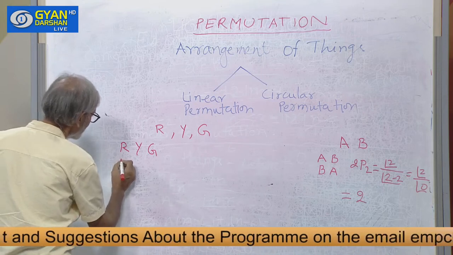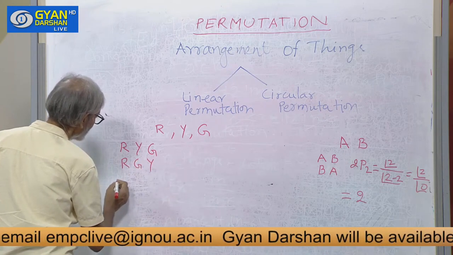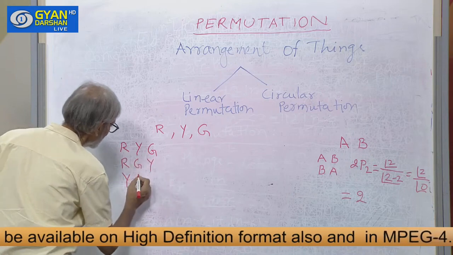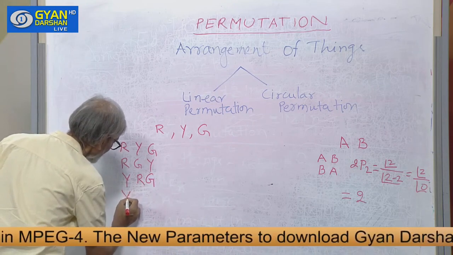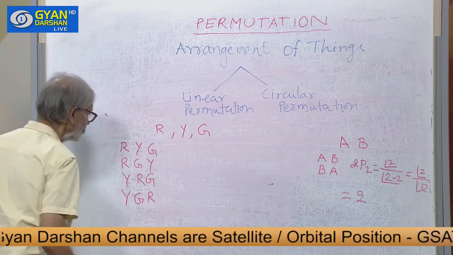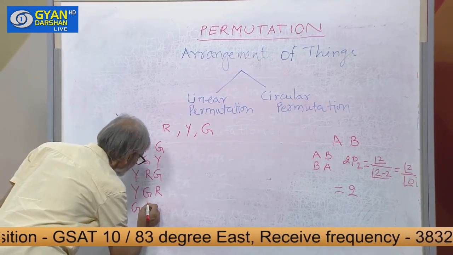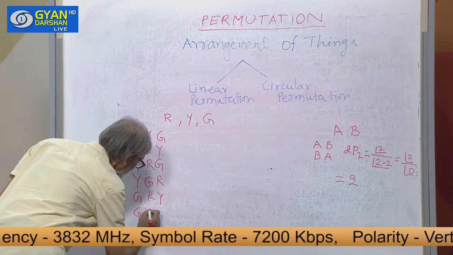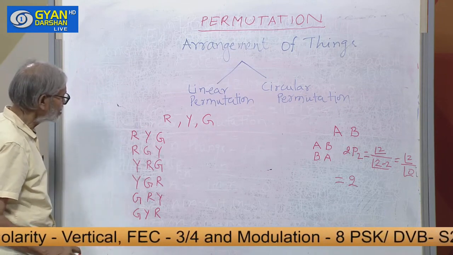The other one R, and we can change their place, G Y. The fourth one, let us take Y first, remaining will be R and G. So, Y R G, and then taking Y at first place, let us change their place, Y G R. Again taking G at the first place, so G R and Y, and then G Y and R. So, these are 6 arrangements possible.